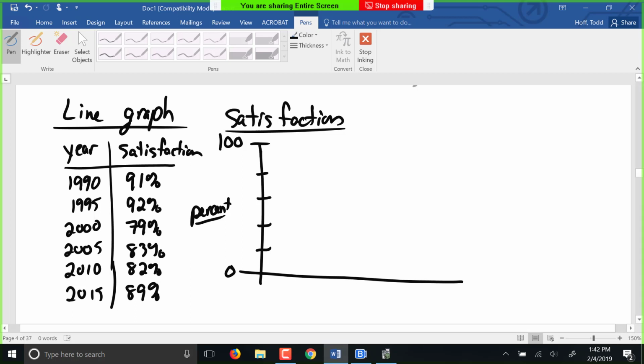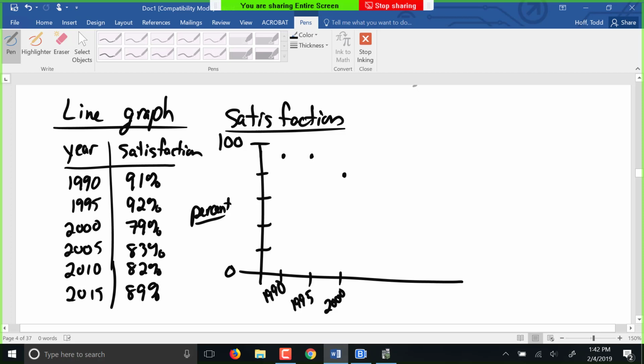If I label that, I'll just put the first few values on here. 1990 is at 91%. Well, that's somewhere in here. 95 is at 92%. That's somewhere in there. 2000's at 79%.